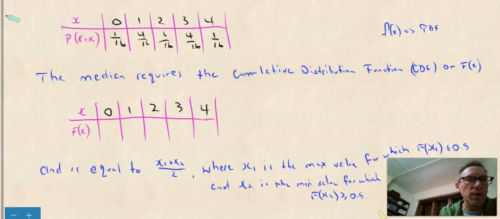This time we're going to write down not the individual probabilities, but the cumulative probabilities. So 0 is 1/16. Now 1 is 4/16, so the cumulative distribution is 5/16. And you'll quickly pick up that we're going to finish with 16/16 here. Obviously, you always need to end with 1 there.